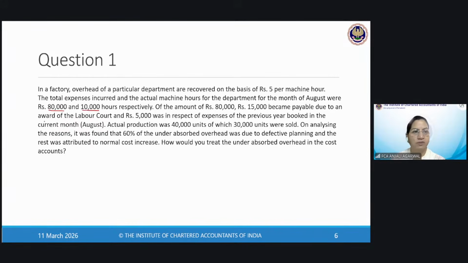So 80,000 was the actual overheads and actual hours, machine hours worked were 10,000.